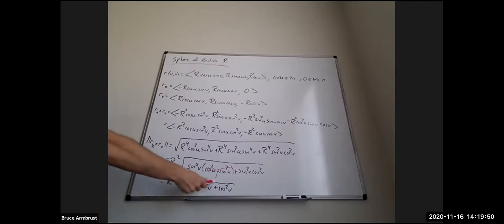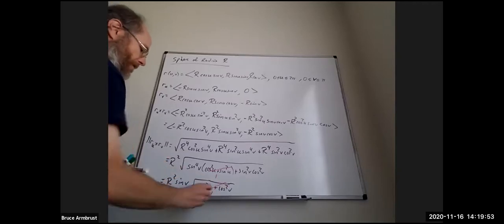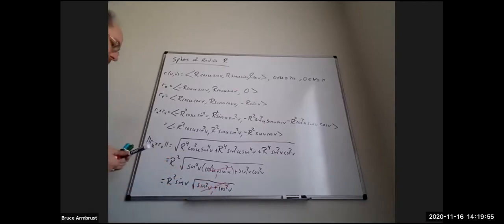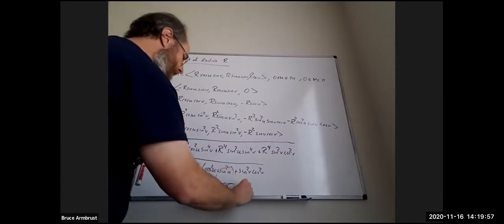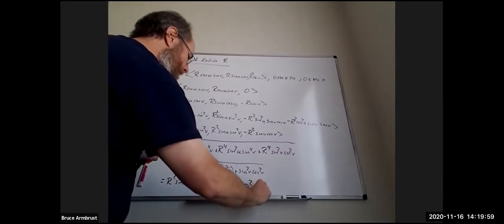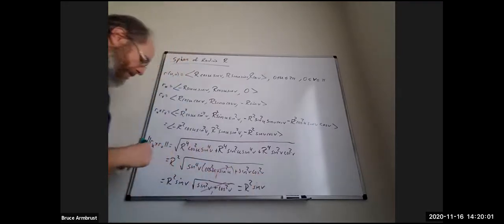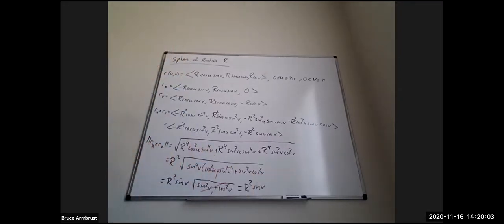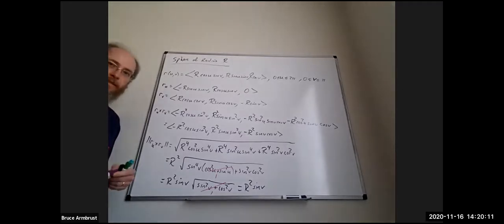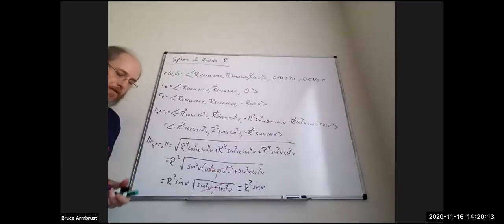Well, that, of course, is also 1. Its square root is 1. So what we're left with is r squared sine v. Whew. That's a lot of work there.